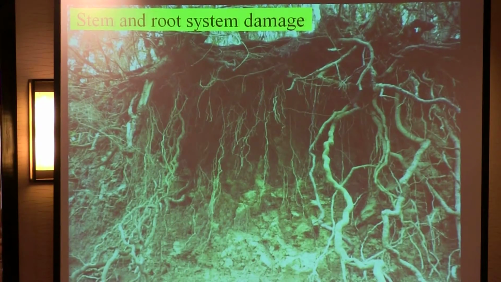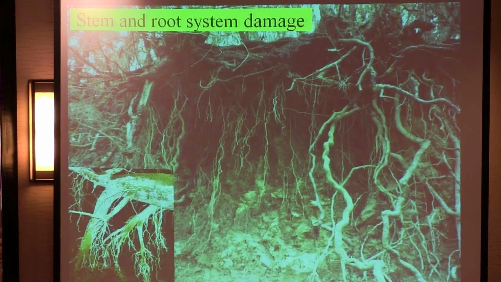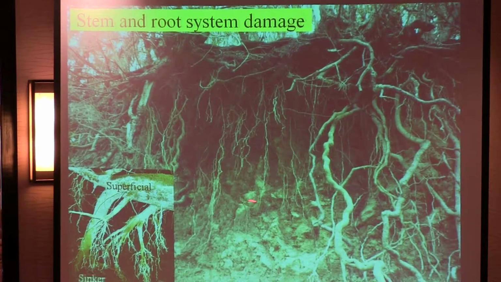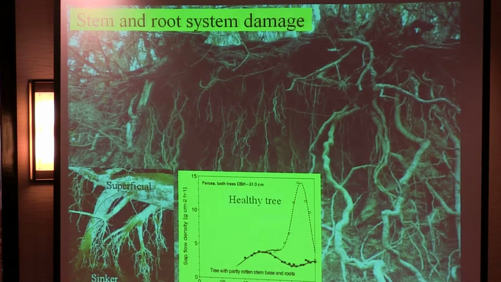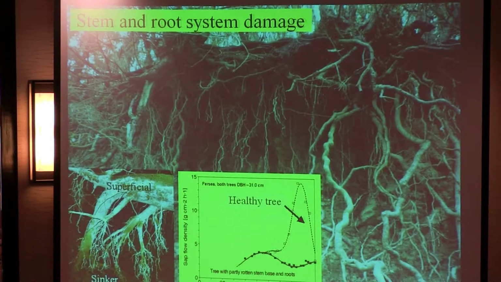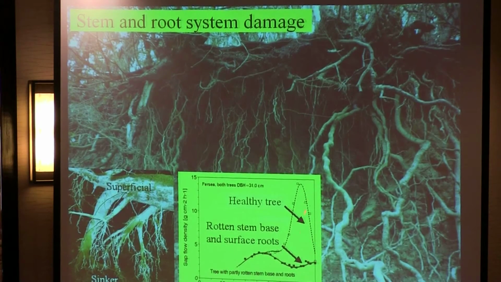So this, as I mentioned, can be done in 2 ways. This is one way, where we measure the radial pattern of sap flow in stems. Here you have a pith, here is a cambium, and there are 2 trees of the same species growing side by side, and this tree was damaged.